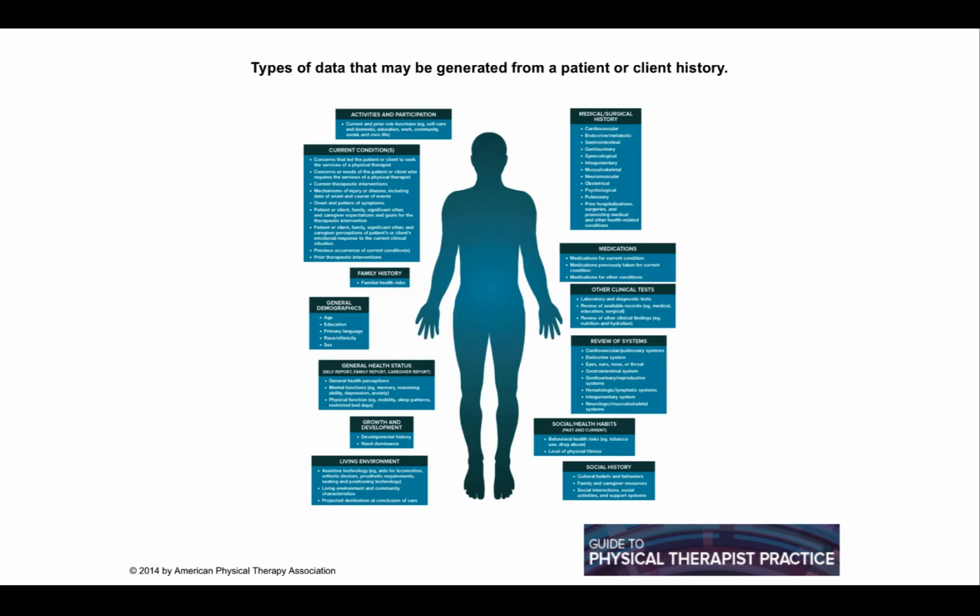Okay, last one. So this last model are just some types of data that may be generated from a patient or client history, and kind of think about, you talk to a patient, you gain a whole lot of information that will help you assess and define the patient's pathology, the patient's impairments, the patient's functional limitations, and their participation. So within this model, you're going to ask a person and get information regarding their activities, their current condition, their family history, their general health status.